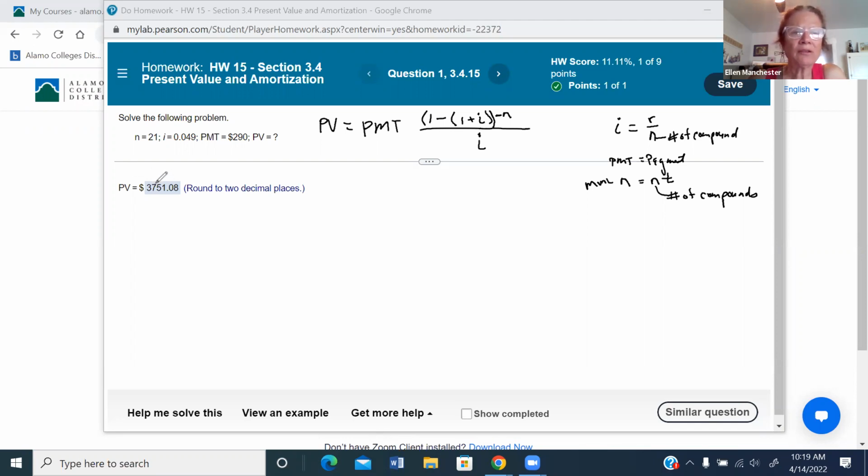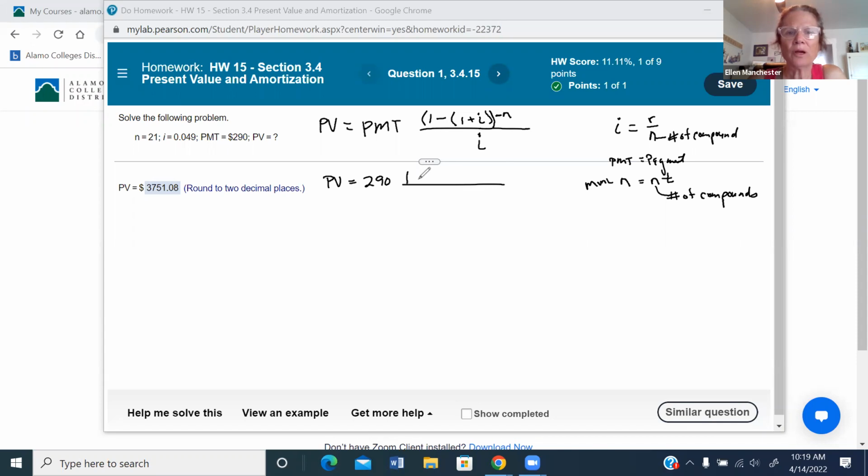I already put the answer up here so that you can see this is where we're going with it. To set it up, I'm looking for PV, present value. The payments are $290. Notice the 290 is out in front of your fraction. So we're going to get the fraction answer and then multiply it by 290.